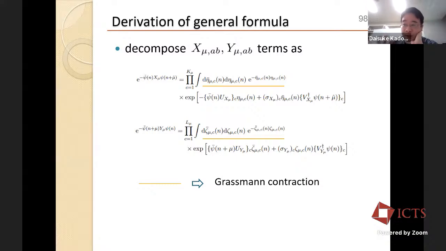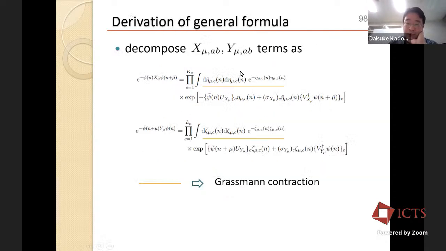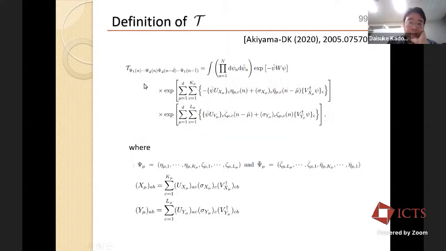So we can integrate the local fermion fields psi n and psi bar n, and the Grassmann tensor can be obtained by integrating the fermion fields locally. The Grassmann tensor is defined by this.